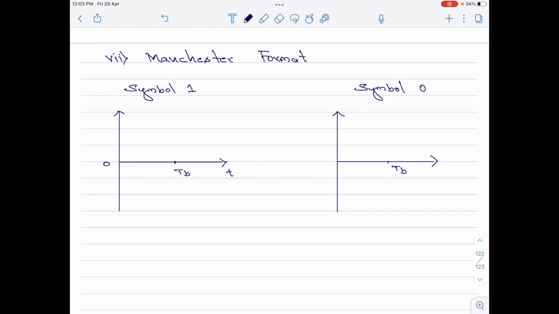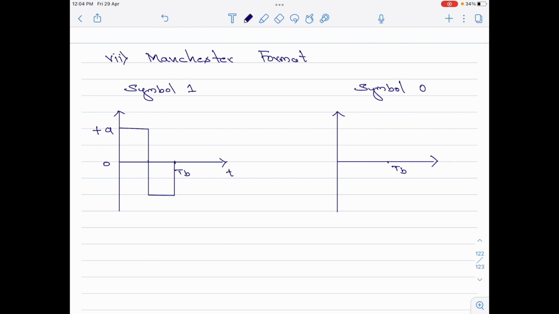Now, when I say a doublet pulse, it simply means that half of the bit duration is positive and the remaining half is negative. So, a symbol 1 is represented by a doublet pulse of amplitude plus A, and for the remaining half of the pulse duration, we transmit a negative pulse of amplitude minus A. However, when we are asked the amplitude of symbol 1, we say it is plus A only.